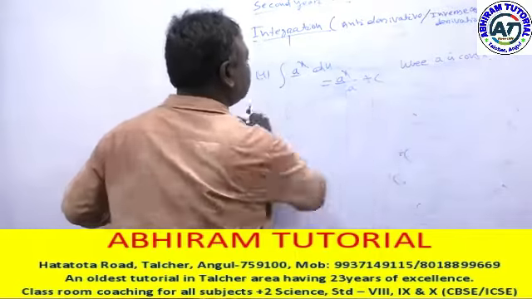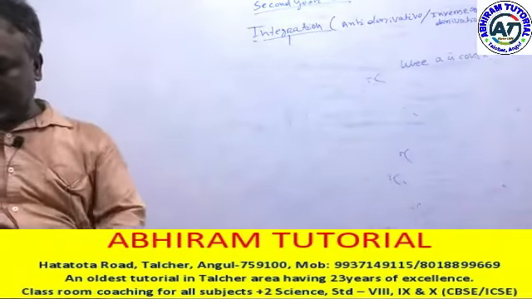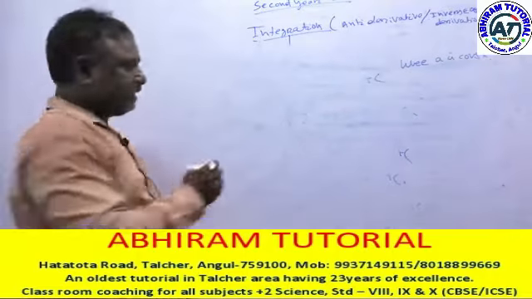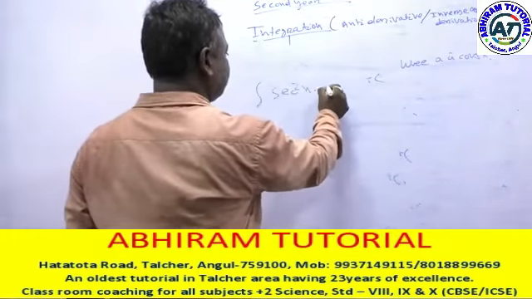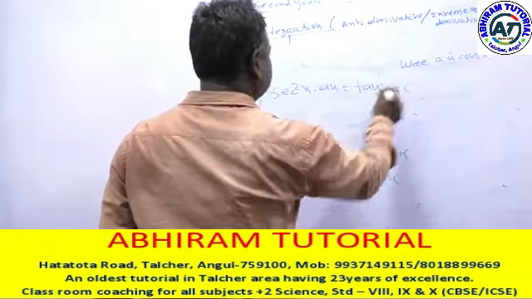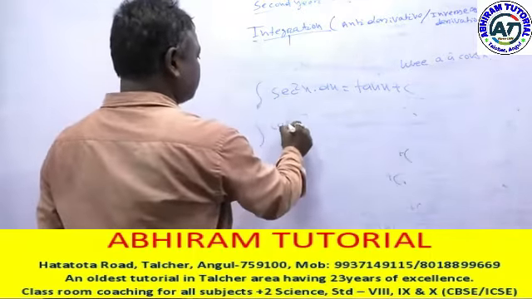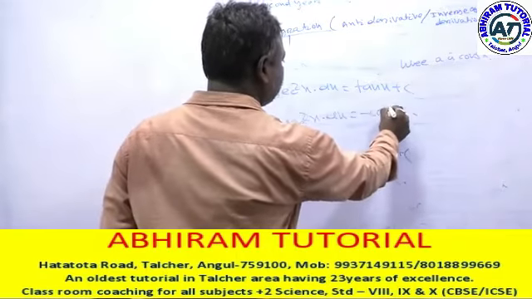Next, the integration of sec square x into dx is equal to tan x plus c. And the integration of cosec square x into dx is equal to minus cot x plus c.